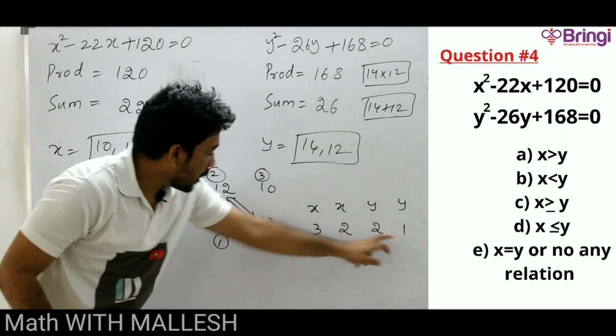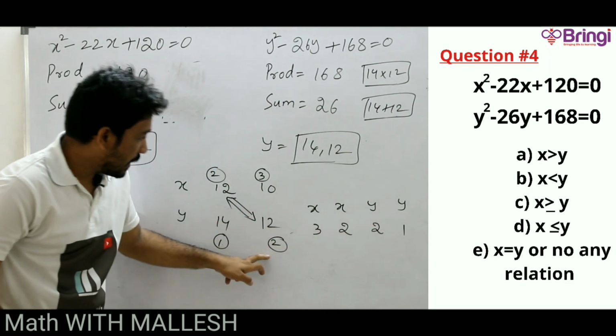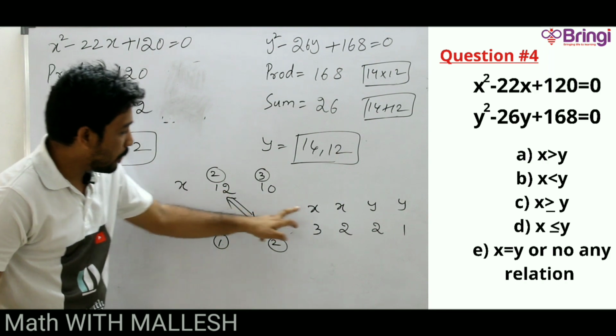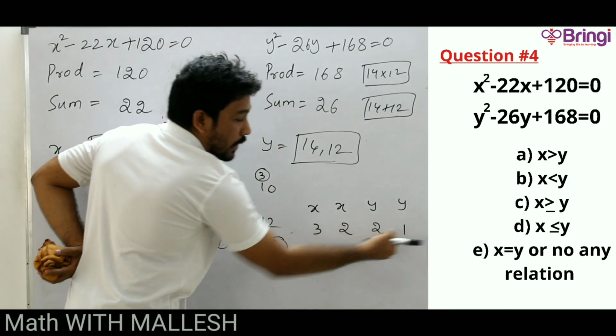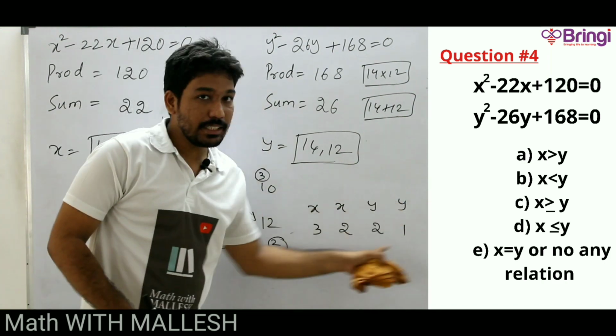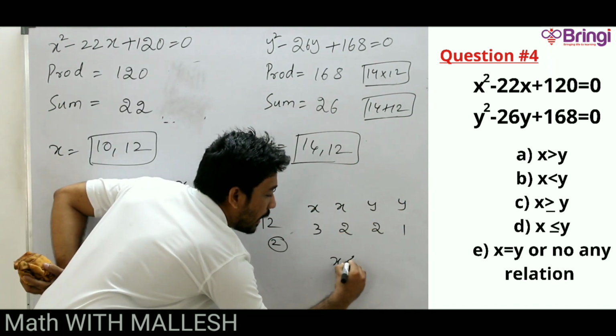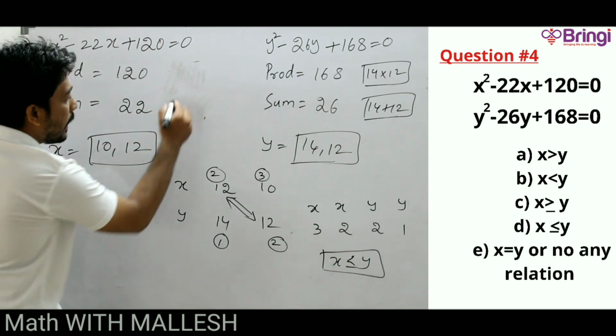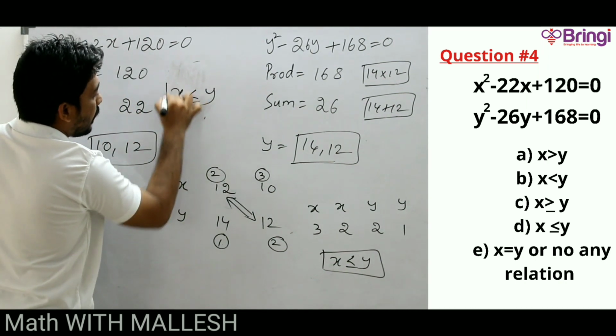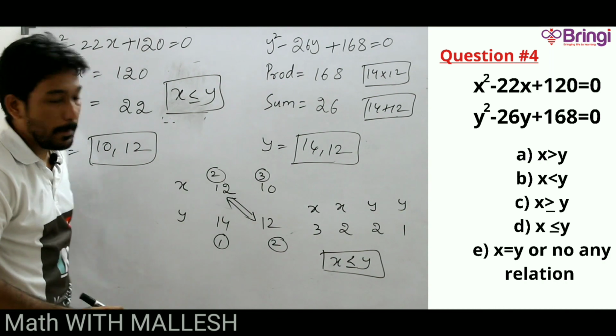Correct or not? Y occupied first position, Y occupied second position, X occupied second position and X occupied third position. 3, 2, 2, 1. If this is the condition, X is less than or equal to Y.